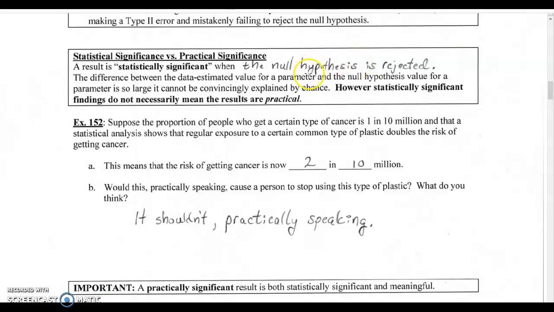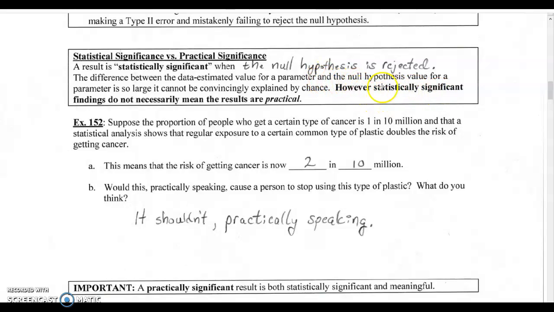There was statistical evidence to support the alternative. That's statistically significant. The difference between the data estimated value for a parameter and the null hypothesis value for a parameter is so large it cannot be convincingly explained by chance. That's what happens when we reject the null.